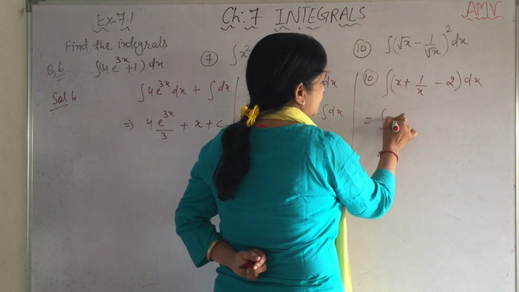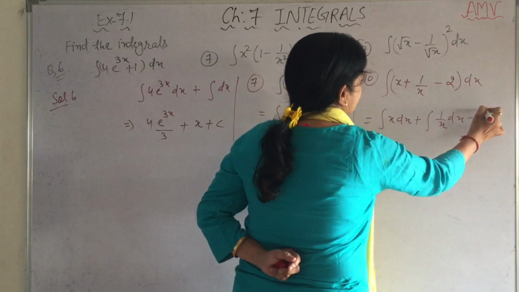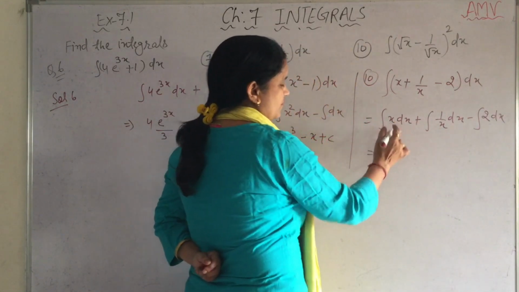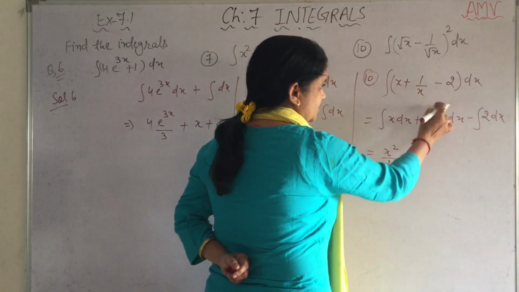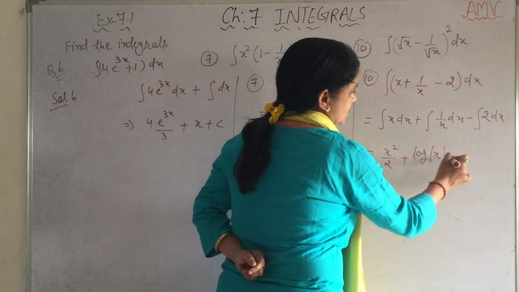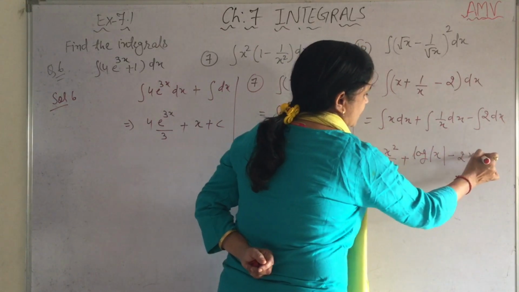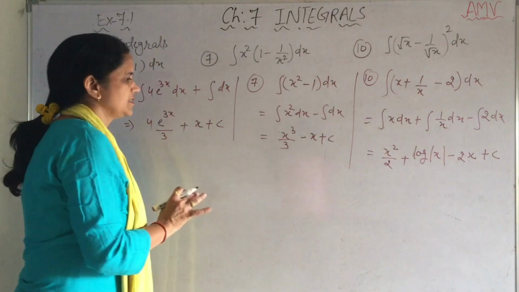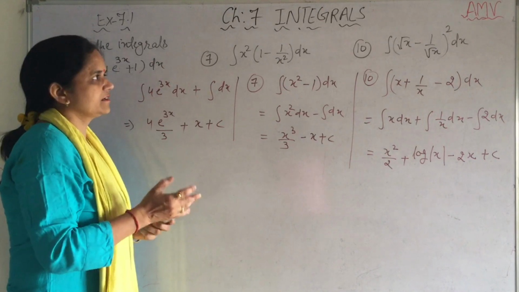Now the integration of x dx, the integration of 1 by x dx, minus the integration of 2 dx. The integration of x is x square by 2, plus the integration of 1 by x, which is log mod of x, minus 2 as it is, and the integration of dx is x. At last, write plus c. These are the solutions of this question. Now move to the next questions.